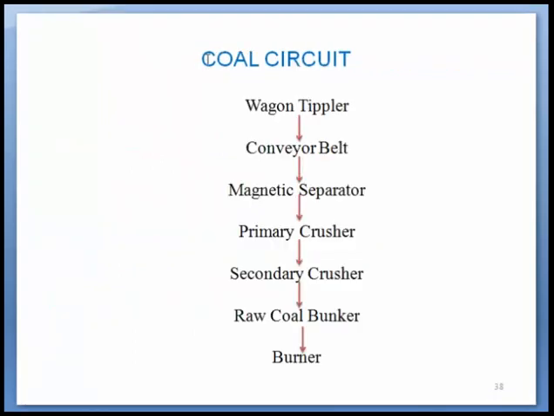The flow chart of the coal circuit is like this: coal transported by rail is unloaded through a wagon tippler, then goes through conveyor belts, passing through a magnetic separator. It goes to the primary crusher, then the secondary crusher. Finally, it reaches the main plant area and is stored in the bunker. From the bunker, through the pulverizer, it goes to the burner.